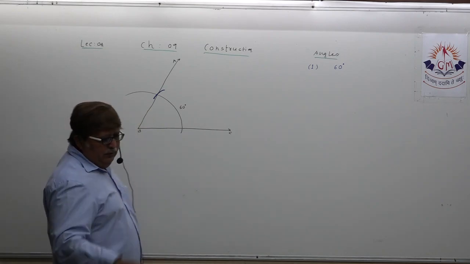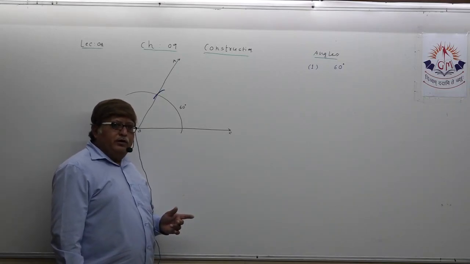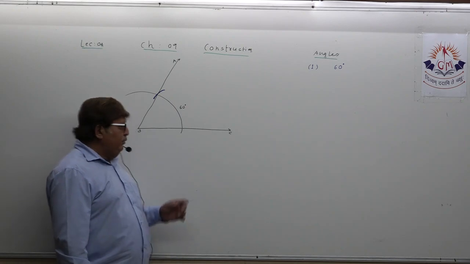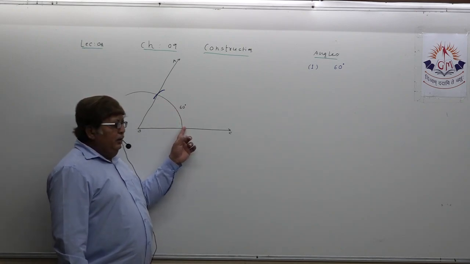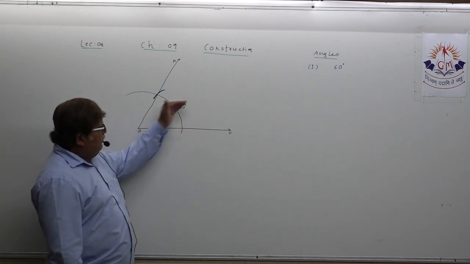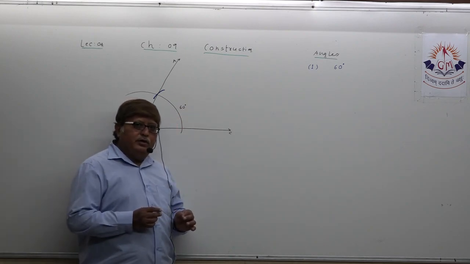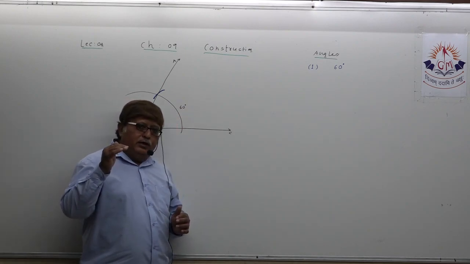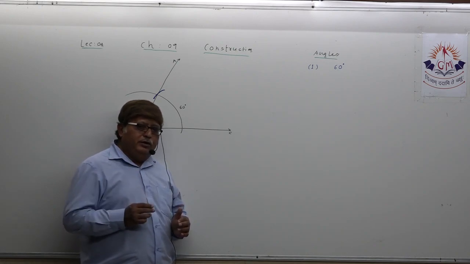Now dear students, before we discuss the next angle, I want to share one thing with you. This is an angle of 60 degrees. If I construct its angle bisector, I get an angle of 30 degrees, because half of 60 is 30 degrees.